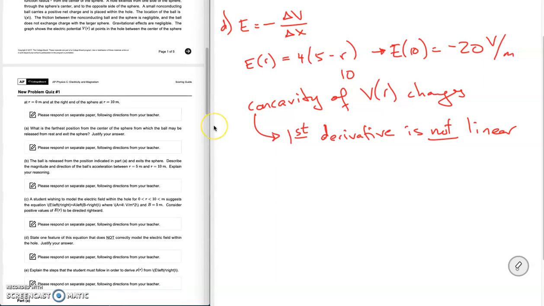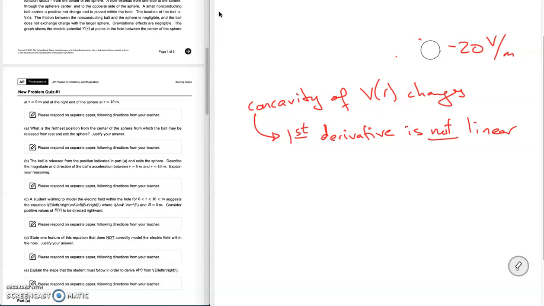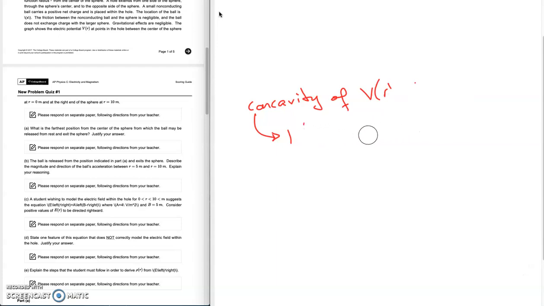Part E, we did in class. In class for electrostatics, we discussed situations where the charges were not linearly distributed.